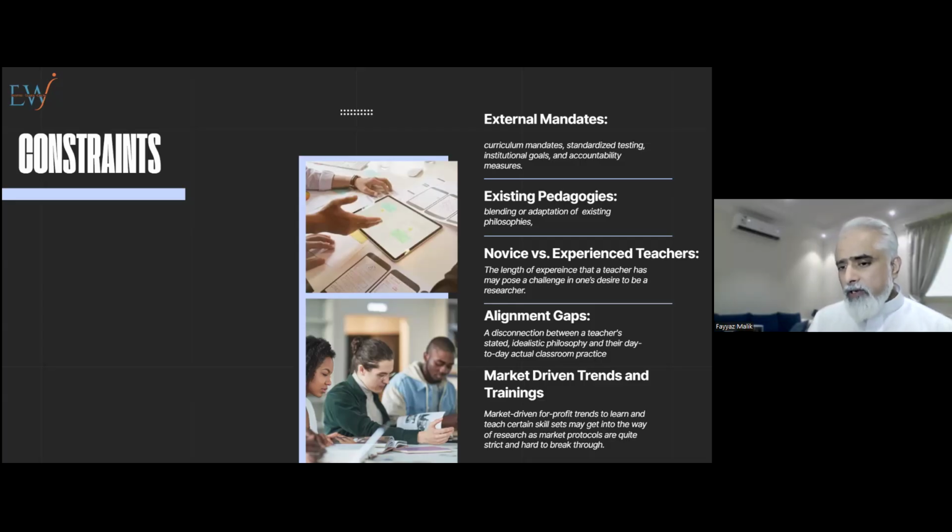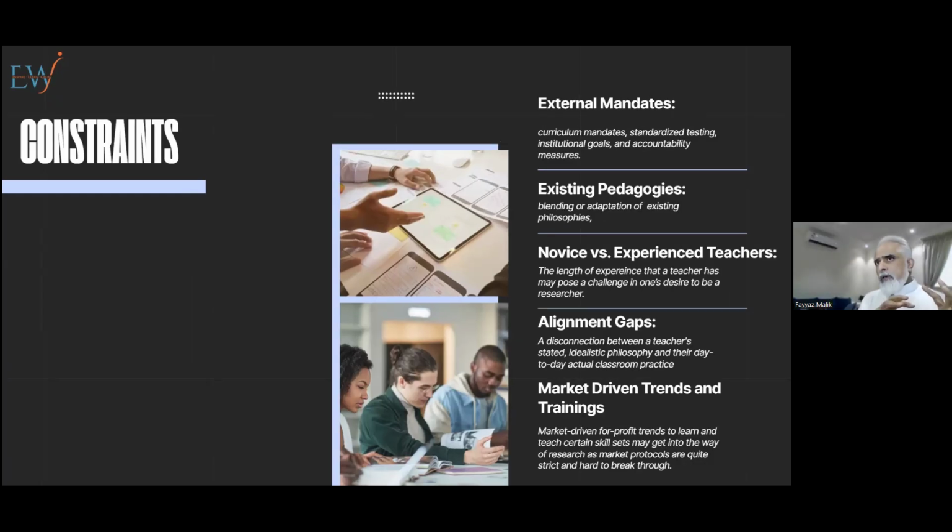Finally, market-driven trends and trainings. A lot of trainings are actually driven by trends which are connected with learners' needs. For example, somebody has to travel, so they have to learn a second language. Somebody has to get a visa for another country, so they have to go through certain acceptable exams or testing which are available in the market.